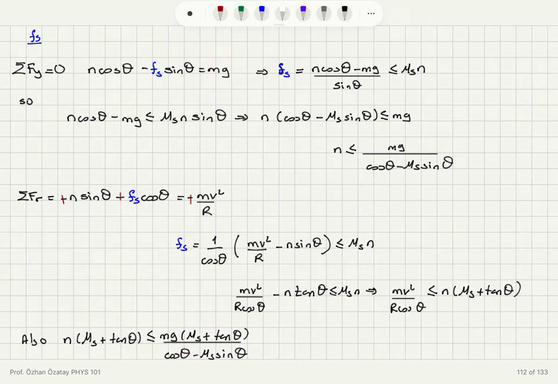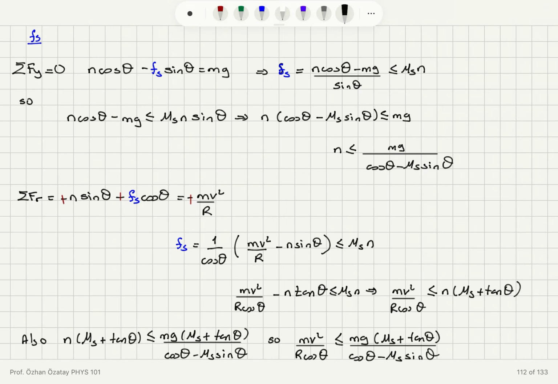So mv square over r cosine theta should be less than this quantity. So we can write mv square divided by r cosine theta should be less or equal to mg times (mu s plus tangent theta) divided by (cosine theta minus mu s sine theta).